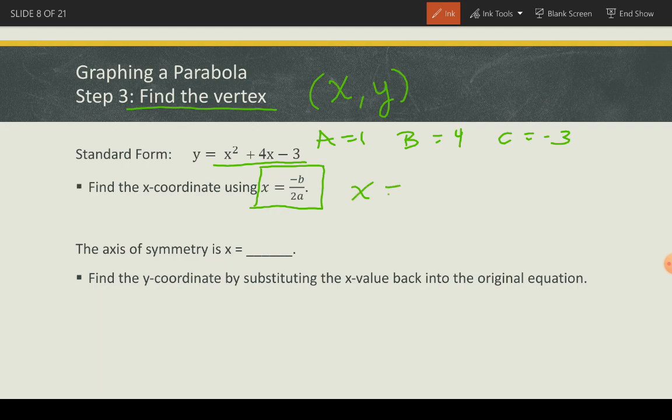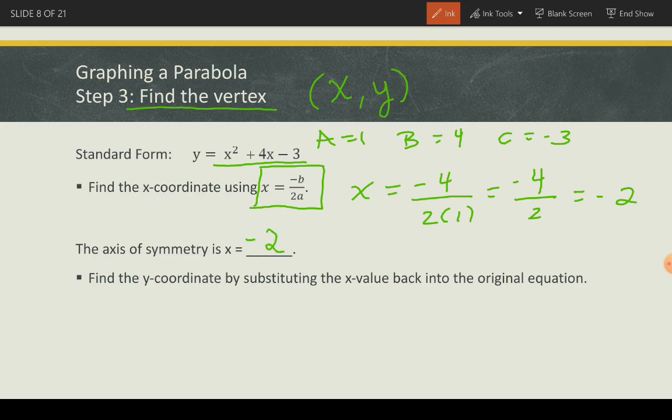So x equals -4 divided by 2 times 1, and this simplifies to -4 over 2, which is equal to -2. So our x value for our vertex is -2, and that value is also our axis of symmetry.